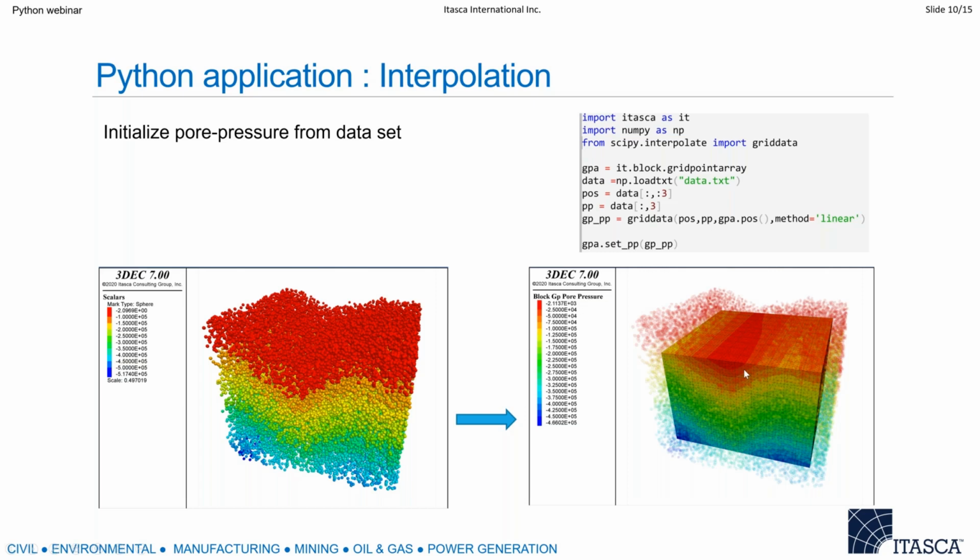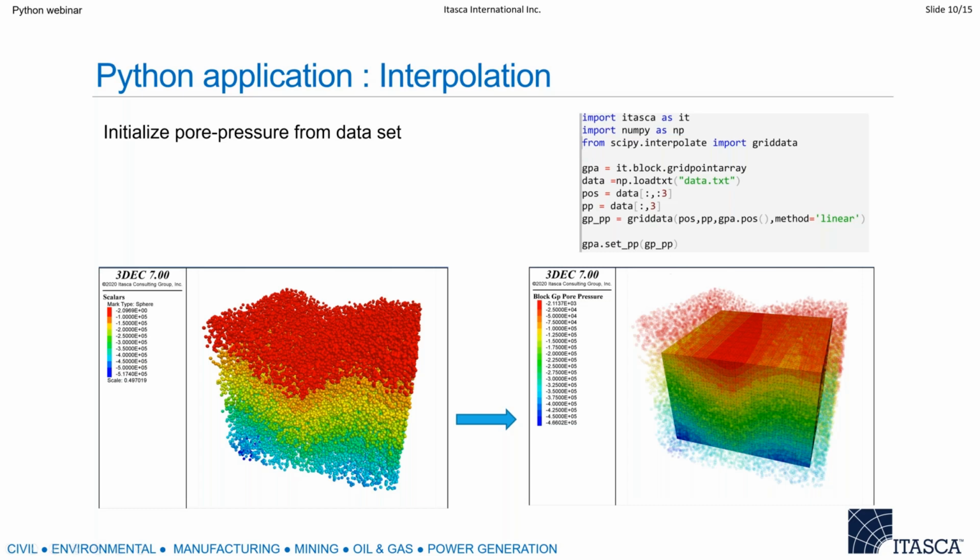So to set the pore pressure in my model, I need to do an interpolation. How can I do that? It's quite simple. I can use a function in SciPy to interpolate the values of the pore pressure.